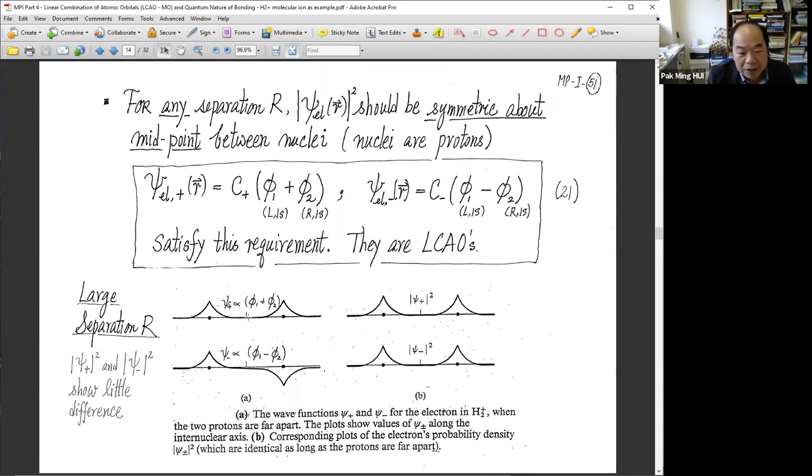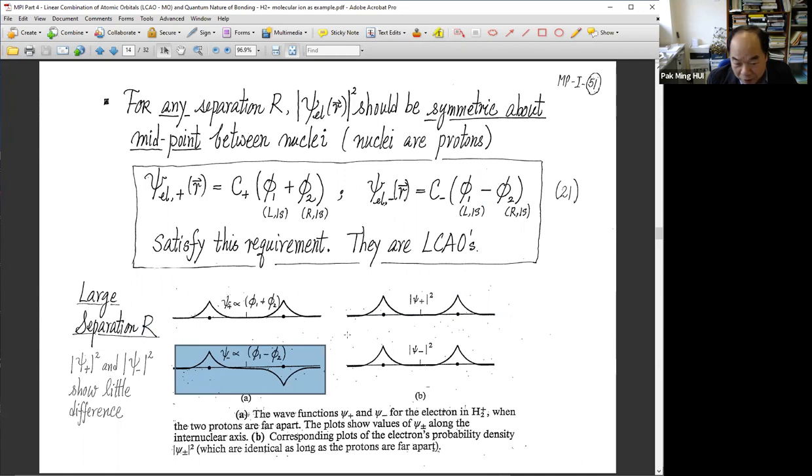If you do that, pictorially, 1s plus 1s is something like this. You add them up, okay? So this is the case when the separation is big. It's already decayed, you know, the Bohr radius is the decaying length. So if you square it, it's something like that. For the minus linear combination, the wave function is something like that.